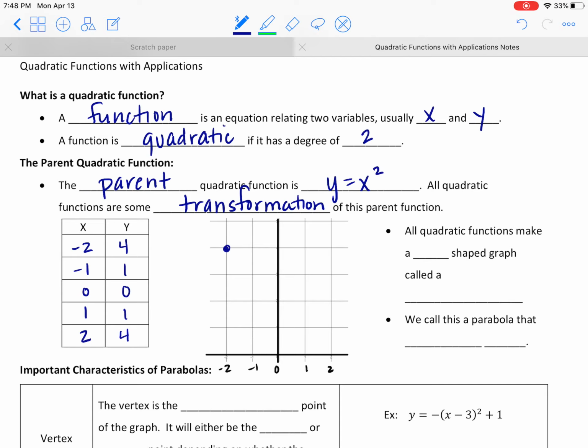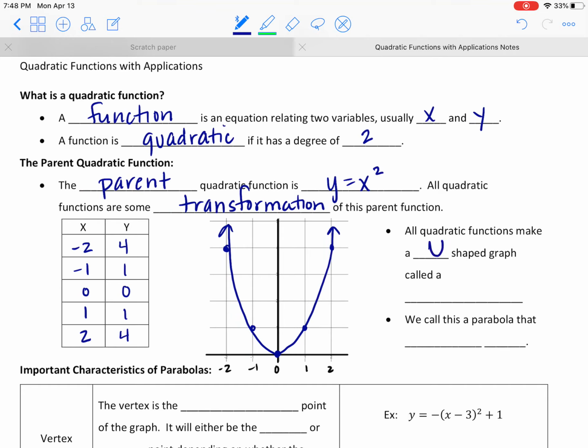We said -2 squared was going to make 4. -1 squared made 1, 0 squared made 0, 1 squared was 1, and 2 squared was 4. And here we see the shape we hopefully knew was coming. Try to actually connect the dots when you graph this on your own, but this is what all quadratic functions are going to resemble.